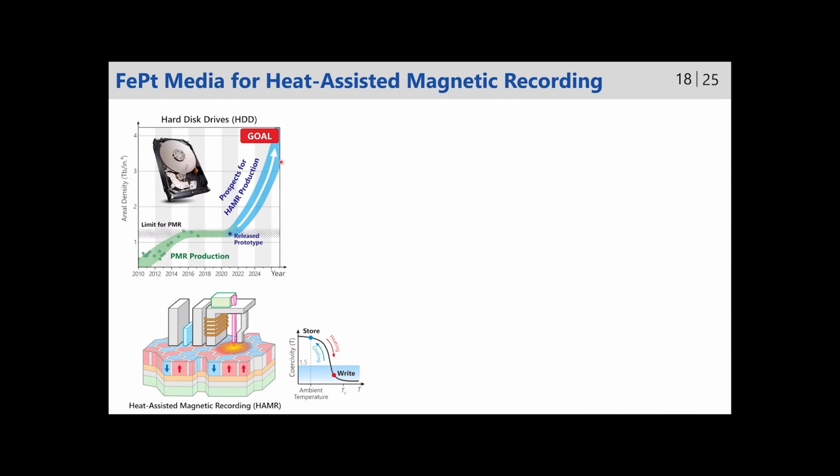Conventional perpendicular magnetic recording has approached its limit, and if we would like to move forward, we should use energy-assisted magnetic recording, and one option is heat-assisted magnetic recording.